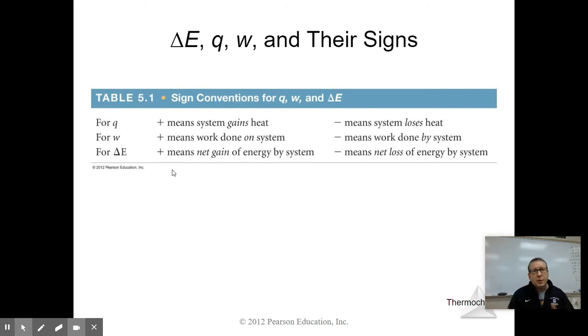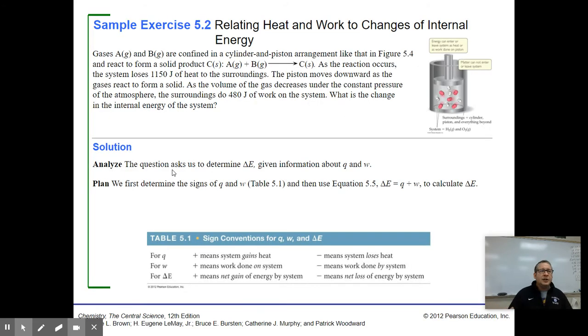After we've determined Q and W, what signage they're going to have, we go ahead and solve for that. And then in the very end, when we solve for delta E, if we have a positive sign, that means there is a net gain of energy by the system. So it was endergonic. If there is a negative sign for delta E, that means there was a net loss of energy by the system. Therefore, it's exergonic.